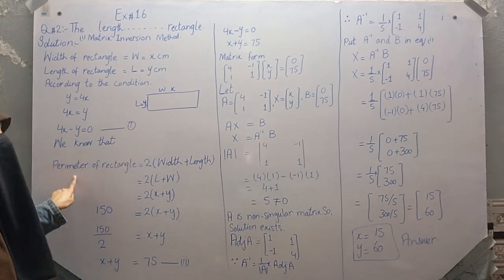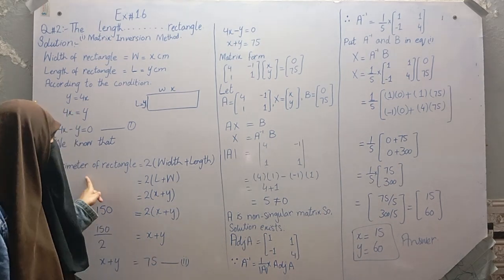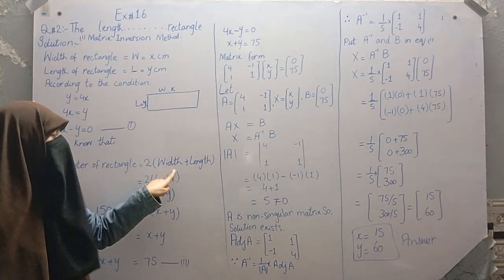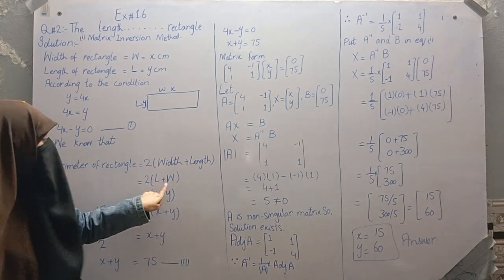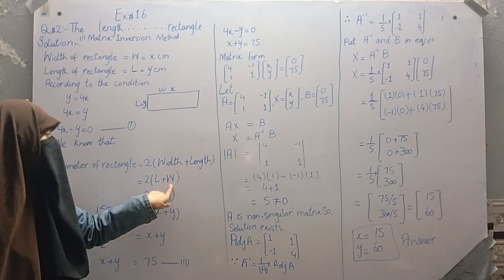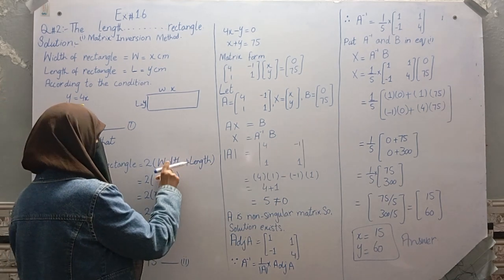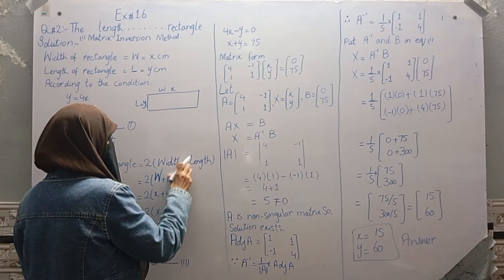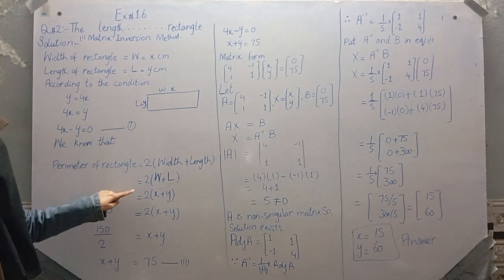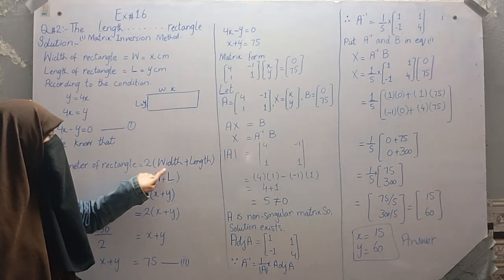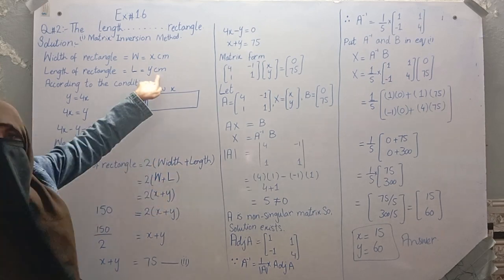We know the perimeter of the rectangle, so first of all we write the perimeter formula. Perimeter is equal to 2 multiplied by width plus length. Here the width is W and the length is L. So the formula is 2 times the quantity, where width is equal to x and length is equal to y.